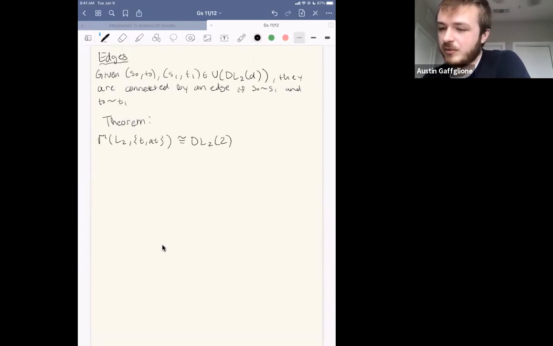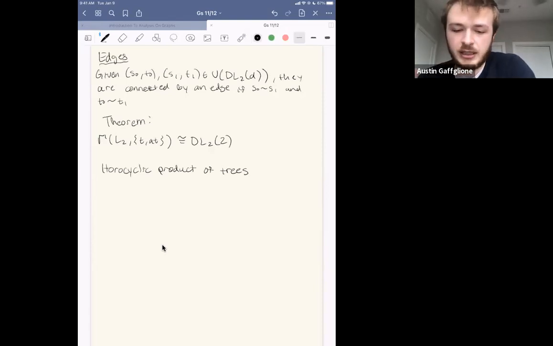And with the few remaining minutes I have left, I want to make some comments on these Diestel-Leader graphs. The construction I took with the two trees is actually what is known in the literature as a horocyclic product. So I view these trees in the symmetric space setting, and I consider vertices of this form.